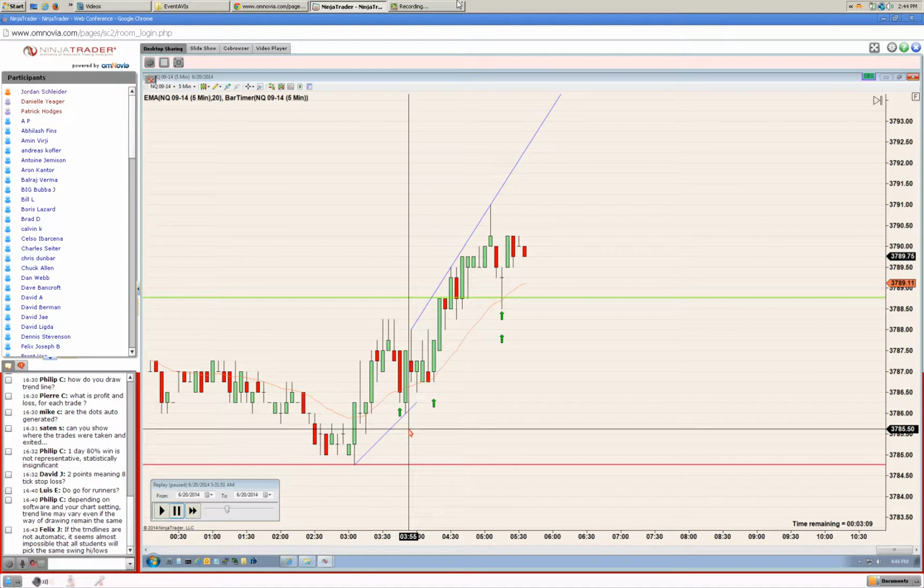It doesn't seem to make a difference. The question was, since they're not automatic, it seems almost impossible that students will pick up the same swing high and low. But really, a trend line is following the trend, and when you learn to follow the trend, you do really well at this.